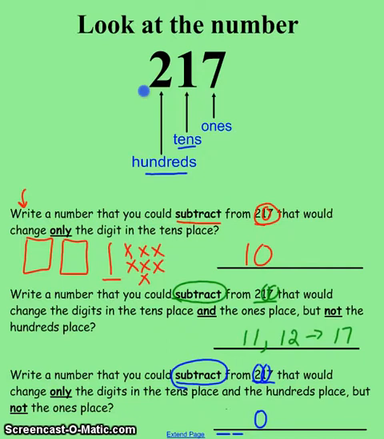We could take away 110, or we could take away 210, and both of those answers would be correct, so that we are changing only the digits in the tens place and hundreds place.